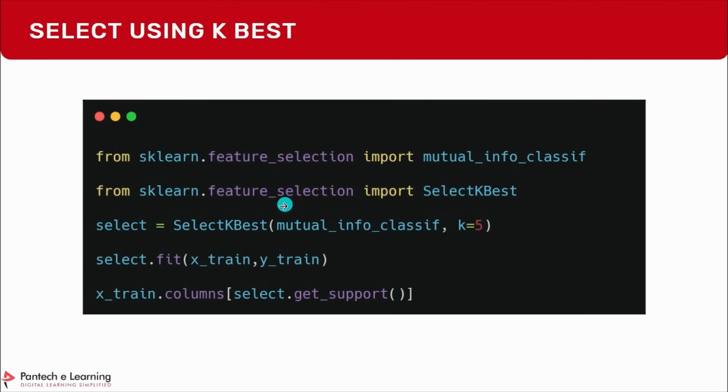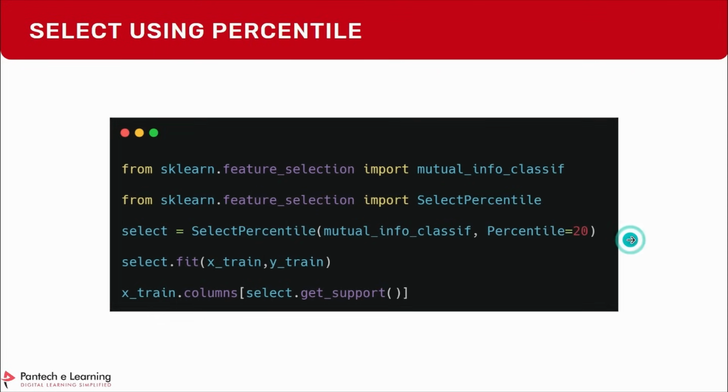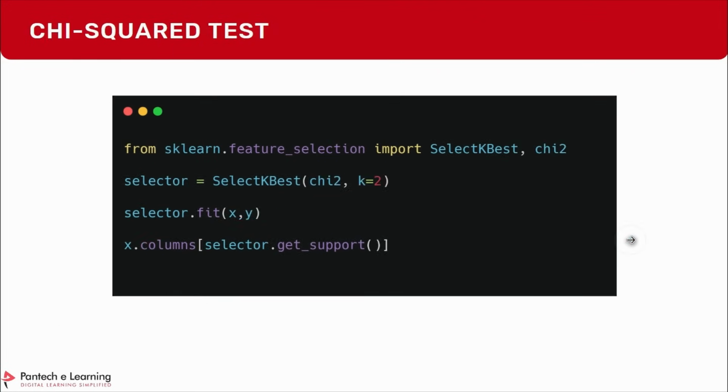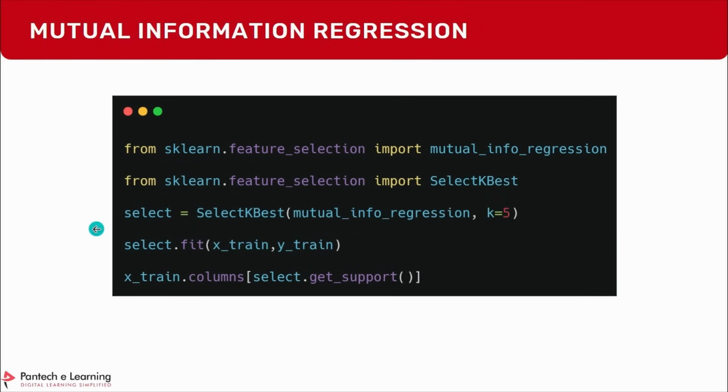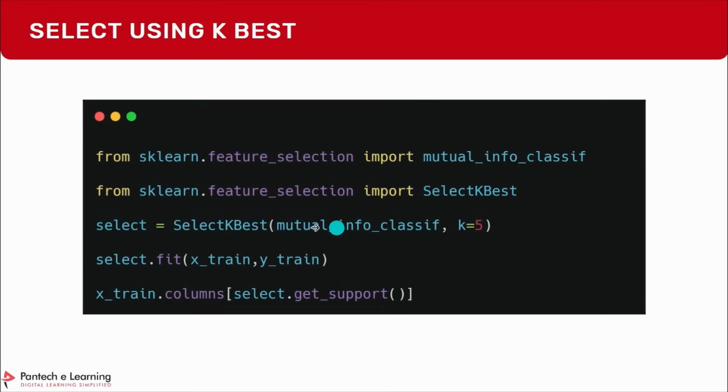If I pass mutual_info_classif, that will be used. Later on, we'll be using the chi-square test, which is chi2. We'll be passing that, and for regression I am passing it here. So select k best can be used to select based on the score it is giving from your mutual info classifier or anything which you pass here. You have to pass a k value, and that many best values will be selected.